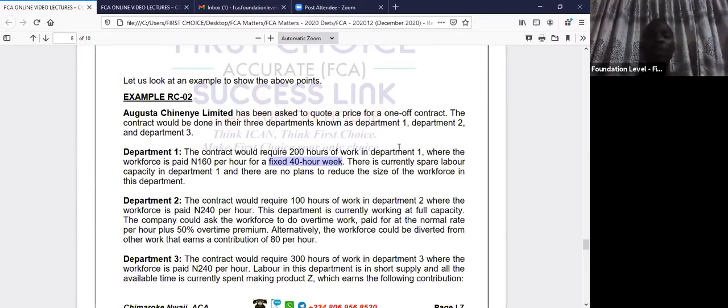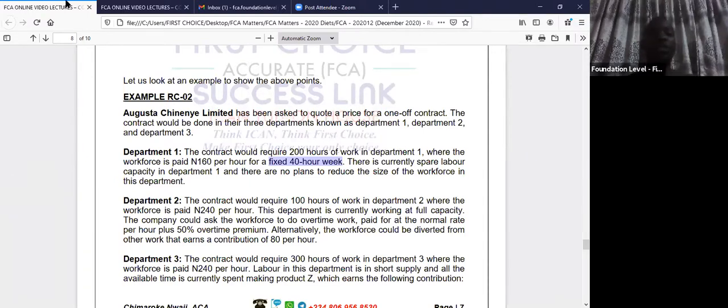Now, these two languages, fixed 40-hour week, guaranteed 40-hour week, is the language used for permanent employment. There is no way you can be paying a temporary employee a fixed amount of money. It's only permanent employment these apply. So that tells you that Department 1 workers are available in permanent employment.